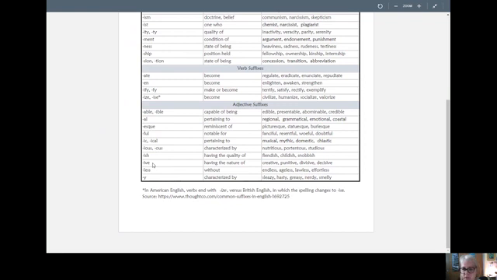IVE means you have the nature or the quality of the same. So creative means you can create. You're able to do that. You're a very creative person. You have that quality about you. LESS, we have that one, means less instead of full. Endless, ageless, we don't have it. And then Y, it's characterized by, it's very common.